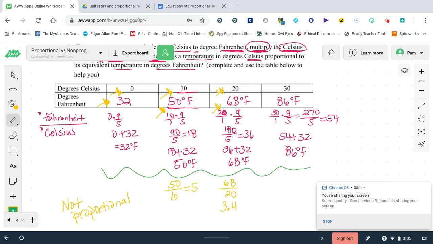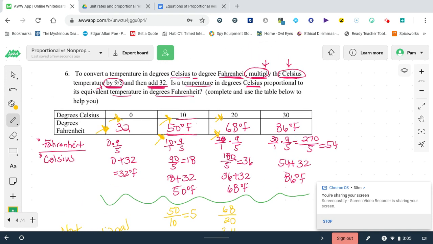Now, had I just multiplied by 9/5 and stopped, it would have been fine. But adding that 32 on threw it off. Just like in the boat problem too. Adding $12 of gas on threw it off. It would have been proportional had it just been the $25 an hour. But adding the $12 gas one-time fee threw that off too. So as you can see, when you add stuff on, and it works the other way, when you take stuff away, if you add or subtract at any point, it's not going to be proportional.